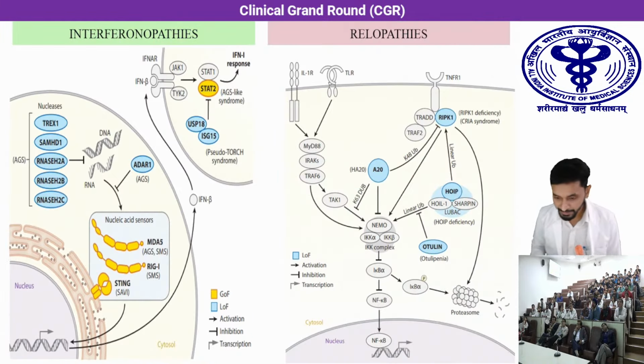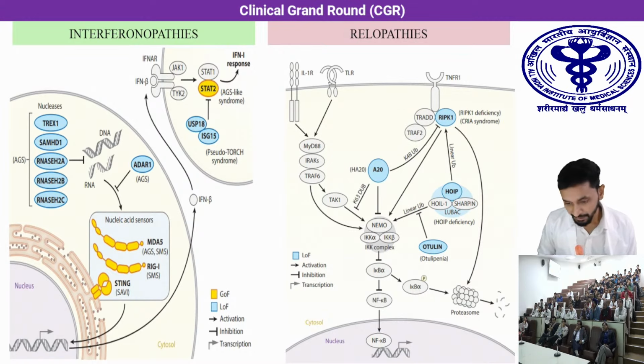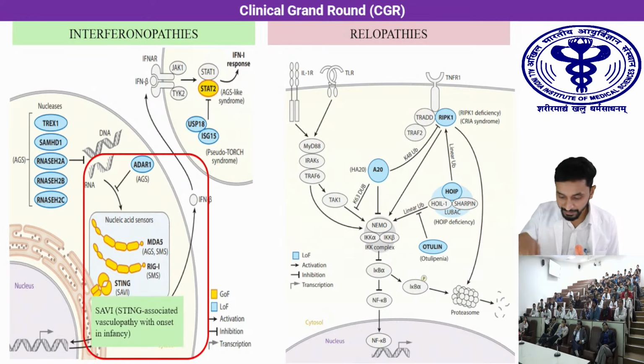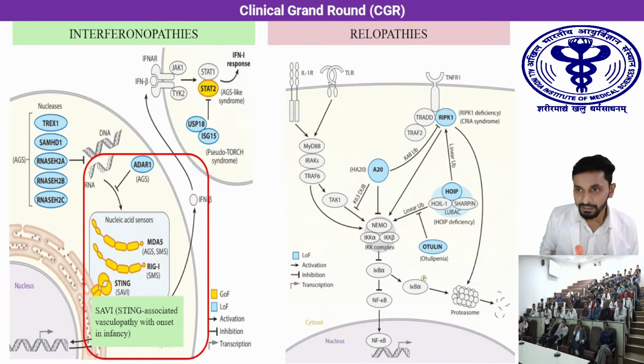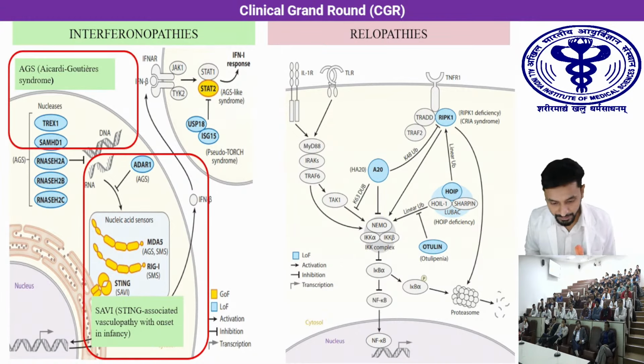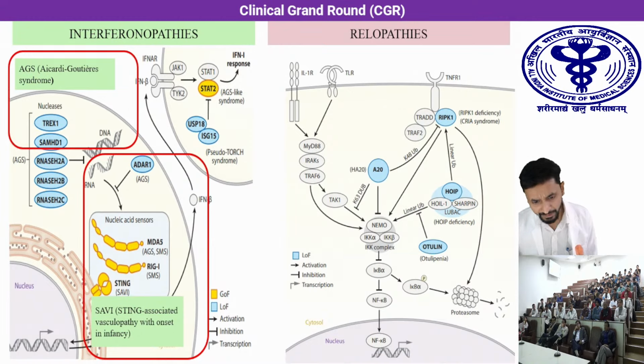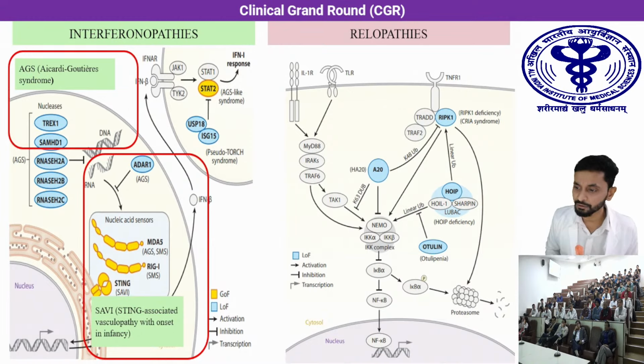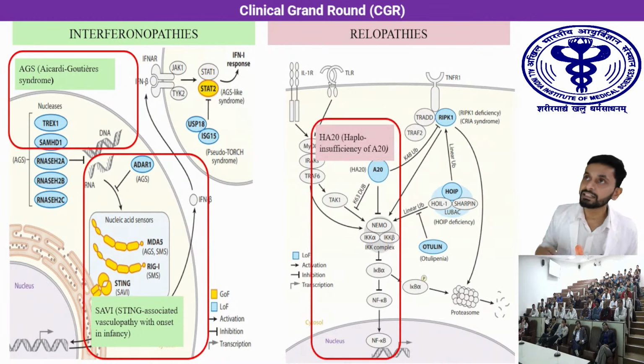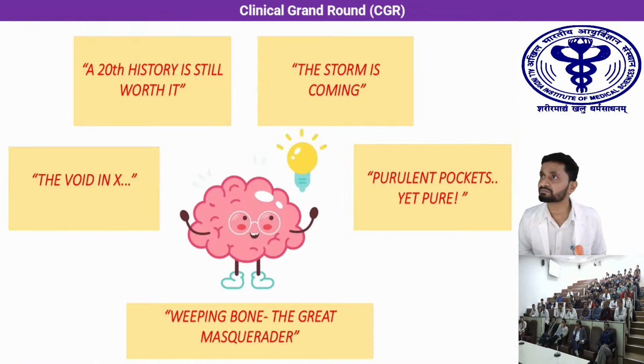Here you can see interferonopathy, usually an intracellular missignaling of DNA. It will lead to STING-associated vasculopathy with onset in infancy. DNA missensing can lead to AGS. Relopathy is nothing but dysregulation of nuclear factor kappa B, which will lead to haploinsufficiency of A20.